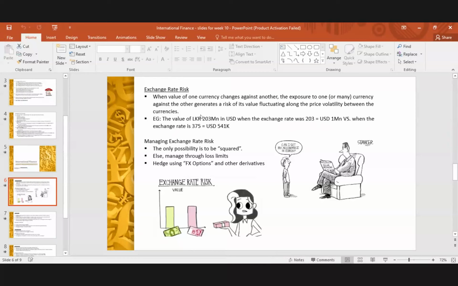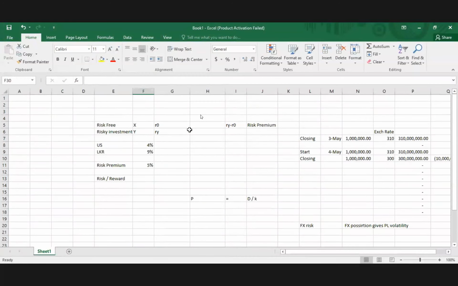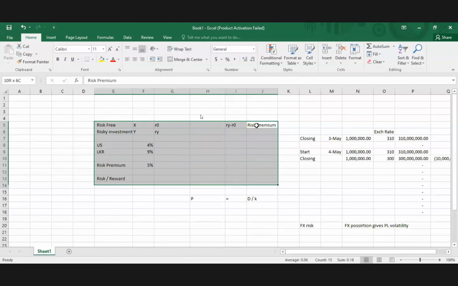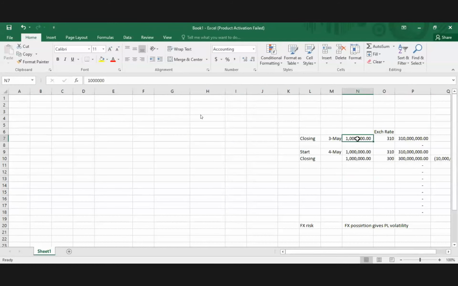If you go back to our spreadsheet, forget about these things. This was my previous. Yeah. So say I had a position, or I have a cash balance of US dollars 1 million in my book.